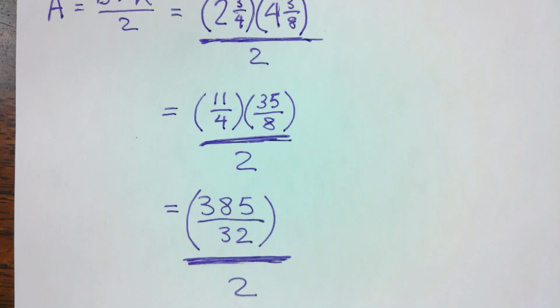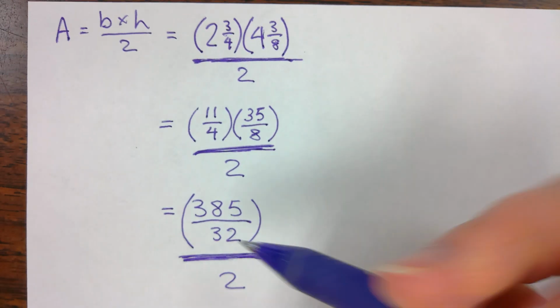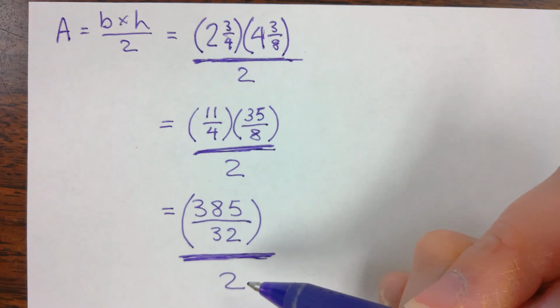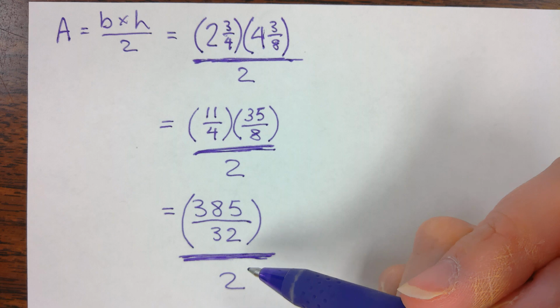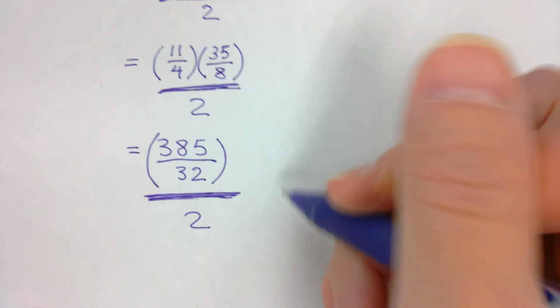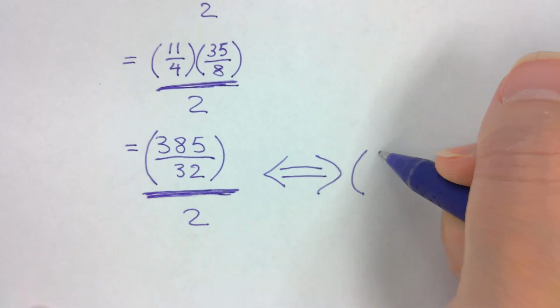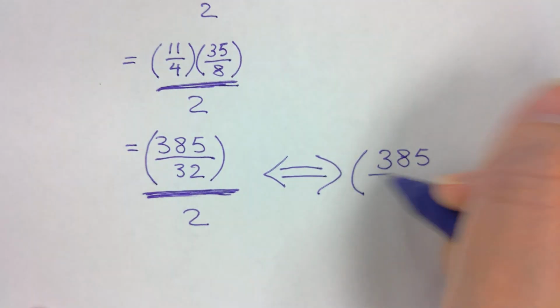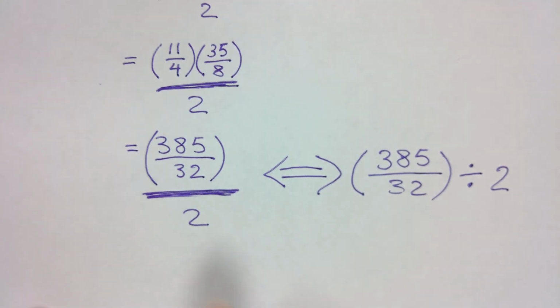So far I only dealt with my numerator. Notice how messy this looks when you have a fraction over another fraction. I could rewrite this as 385 over 32 divided by 2. This is the exact same thing as this.